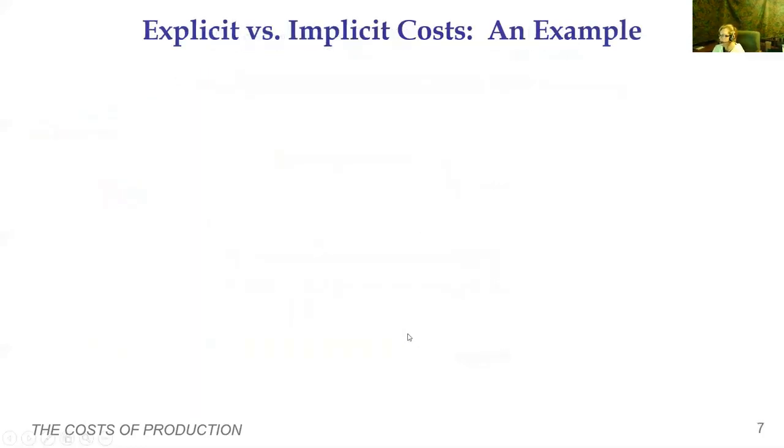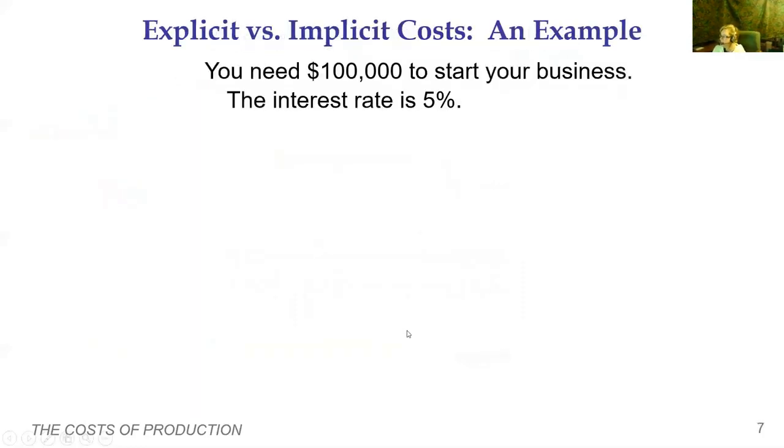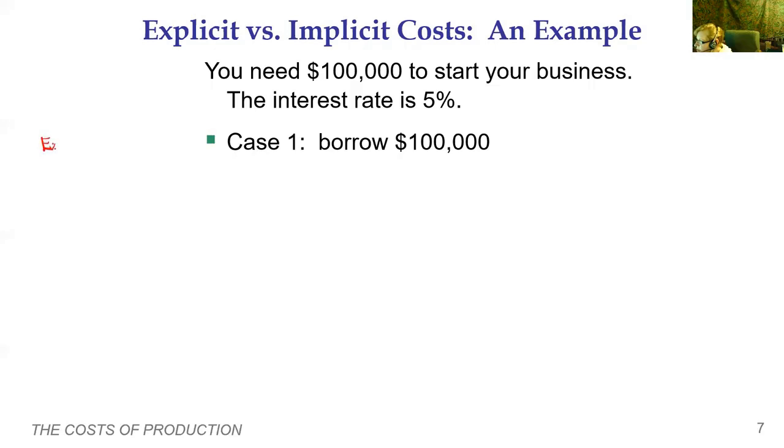Okay, so here's an example of explicit and implicit cost. Let's say that you need $100,000 to start your business and the interest rate is 5%. Well, in the first case, we're going to borrow $100,000. So we want to ask ourselves, what's the cost of that? And because we're borrowing the money, there is only an explicit cost.